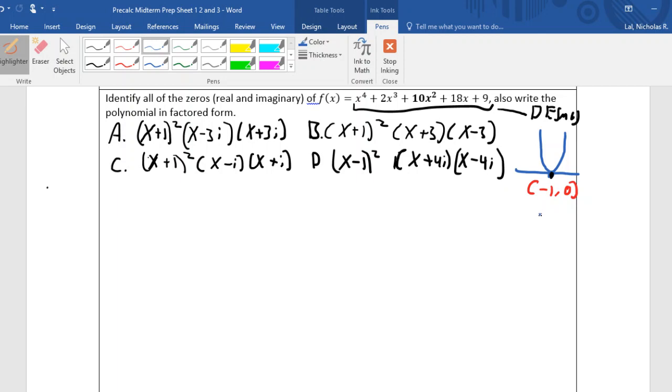So we intercept the axis at -1, 0. Now this, when we hit this 0 it bounces, all right? So this 0, the graph hits the 0, but instead of passing through the x-axis, it bounces back. That's an even multiplicity.